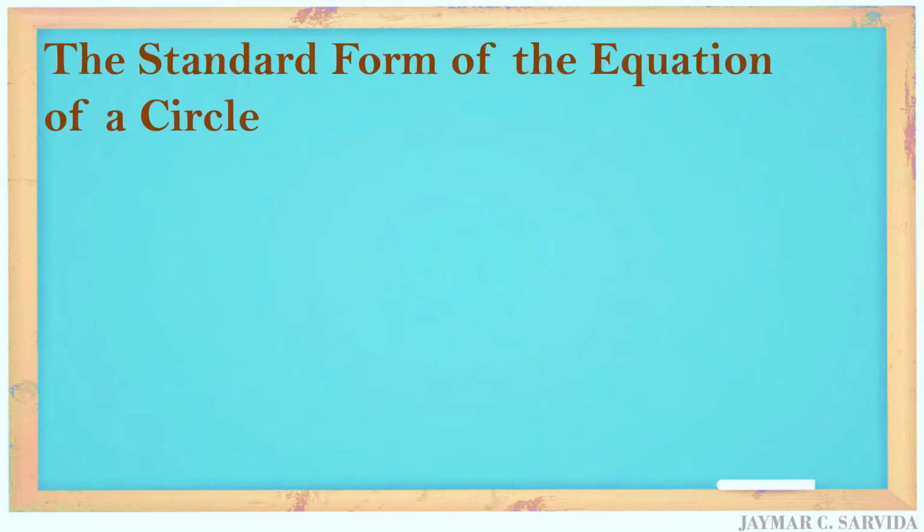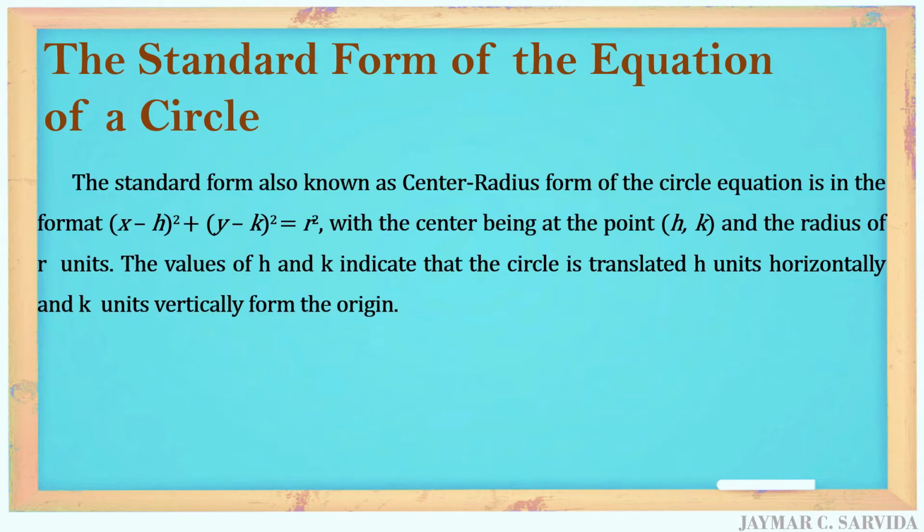Okay, so the standard form of the equation of a circle. The standard form, also known as center radius form of the circle equation, is in the format (x - h)² + (y - k)² = r², with the center being at the point (h, k) and the radius of r units.